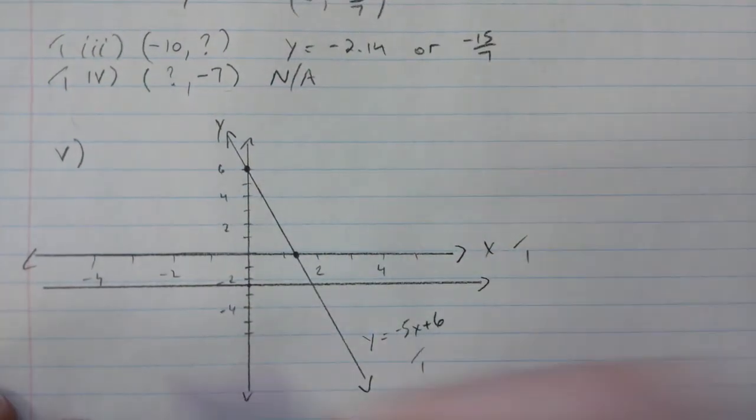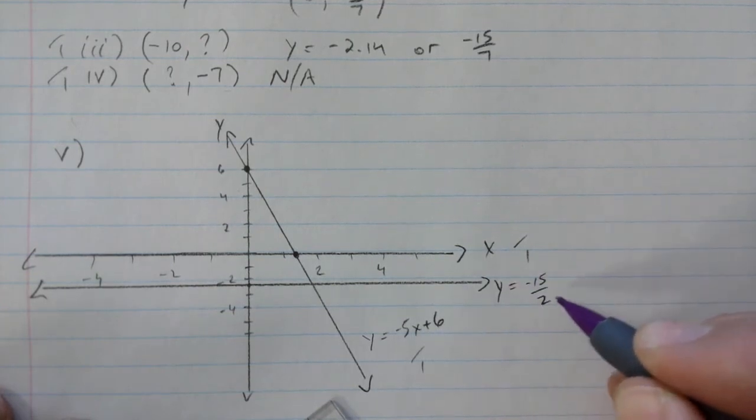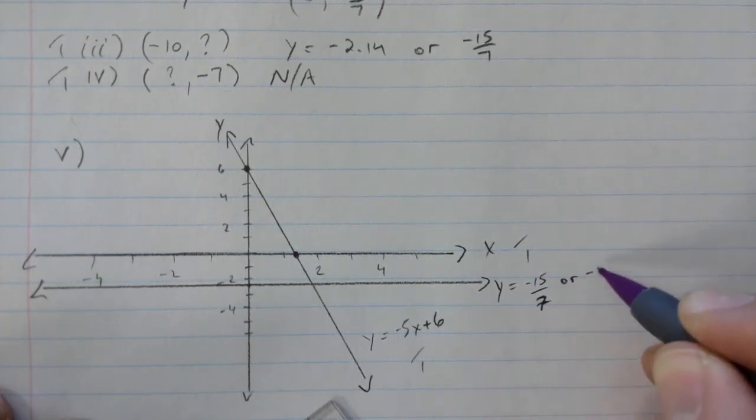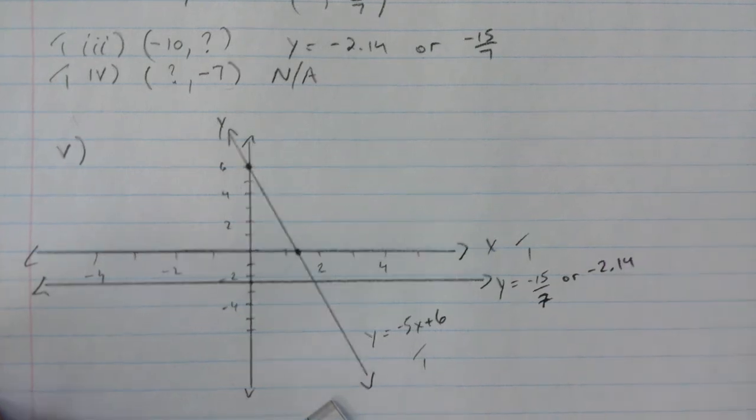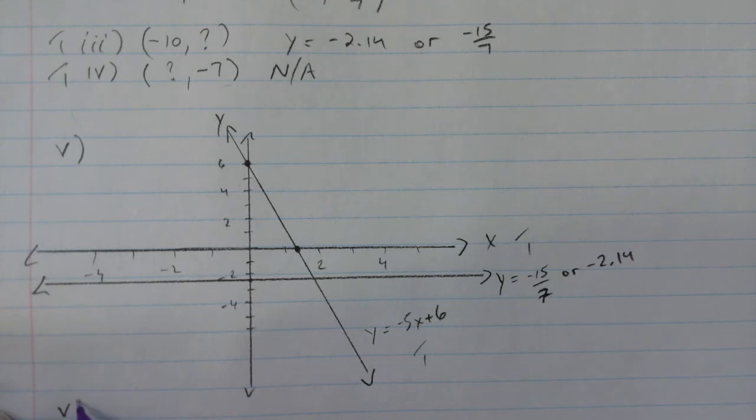Which is just this line, a horizontal line, y is equal to -15/7 or -2.14, right?